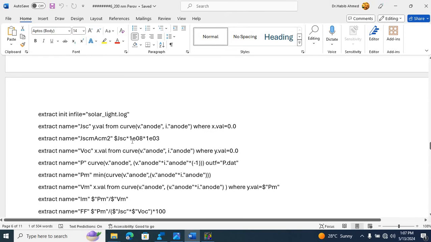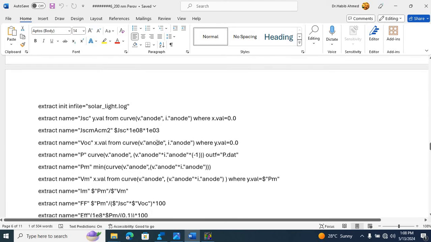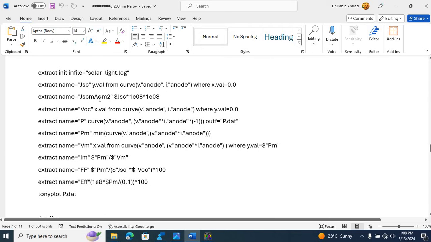And from here I calculate the short circuit current density, which would correspond to the y-intercept of the IV characteristic. Similarly, I calculate the short circuit current density in milliamps per centimeter square.